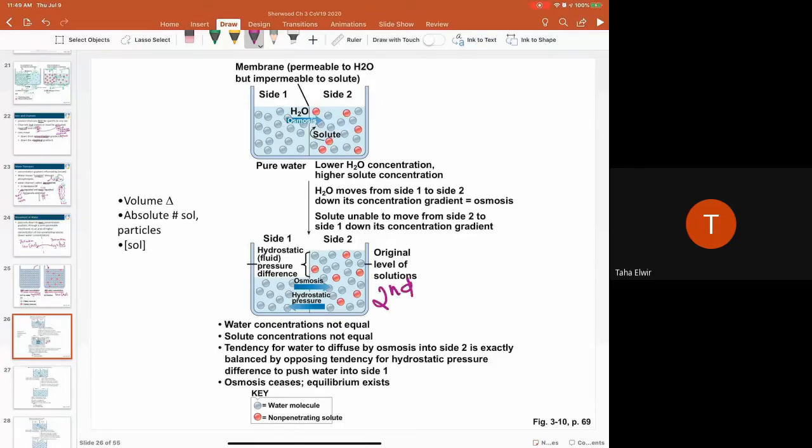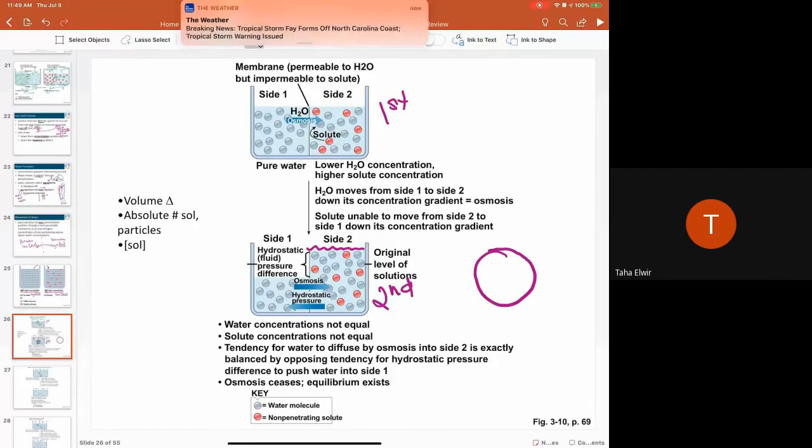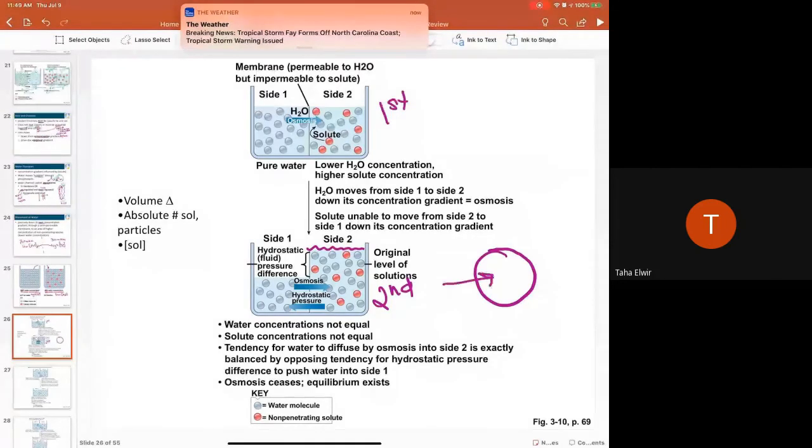From the first scenario to the second scenario, we've got water moving via osmosis into side 2, and the volume in side 2 is increasing. If this was a physiologic state and this was a cell, then the plasma membrane might actually burst if enough water moves across and goes into the cell.